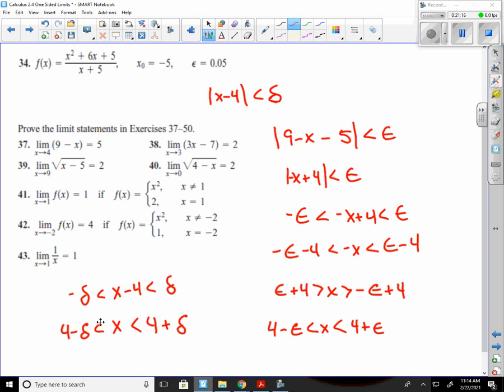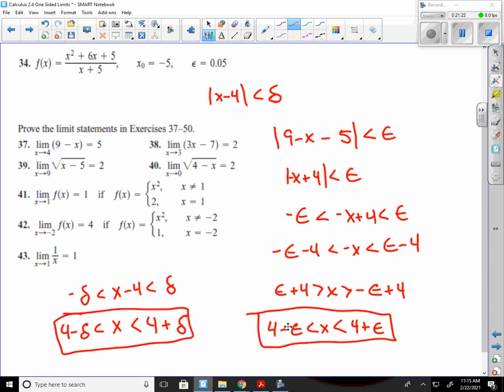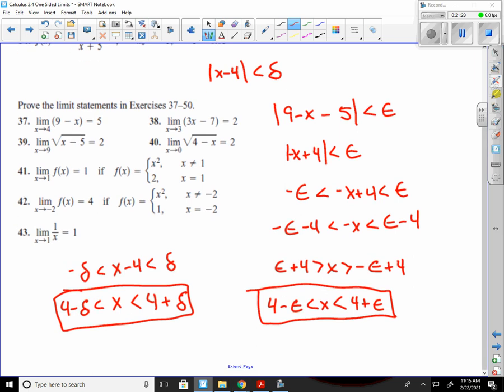And now whenever I look at this, the only thing that's different between this and this is I have an epsilon instead of a delta, which tells us that epsilon and delta are the same thing. So you would choose delta equal to epsilon.